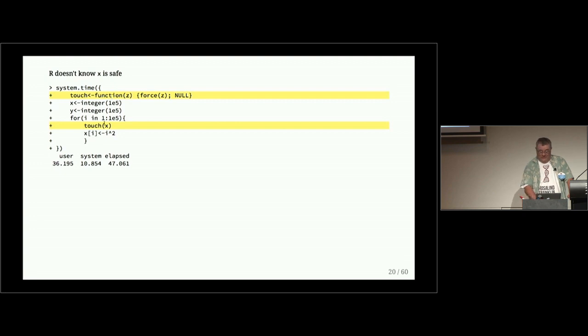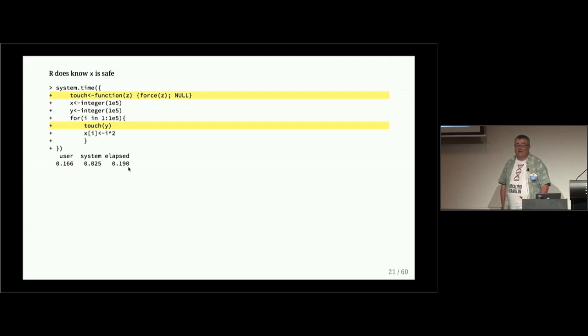All this function does is pass x to a function. If we do this, then R doesn't know that x is safe to modify in place, and the code takes 45 seconds. If the thing we touch is y instead of x, then R does know that x is safe to modify, and we take 0.2 of a second.